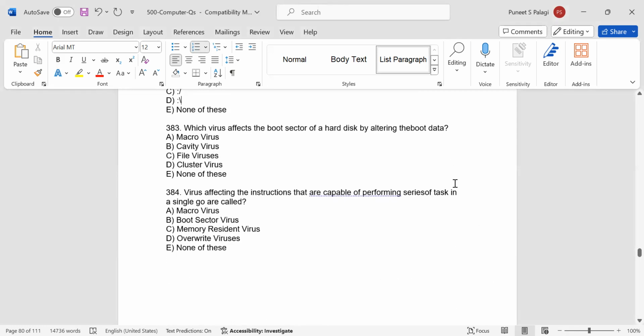Then the next question: which virus affects the boot sector of a hard disk by altering the boot data? Which virus affects the boot sector of a hard disk by altering the boot data?